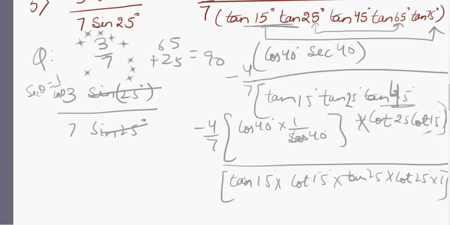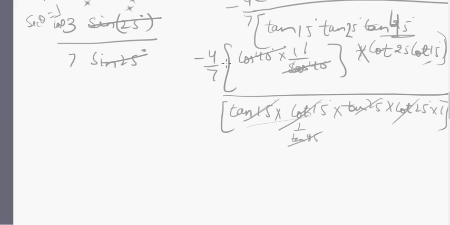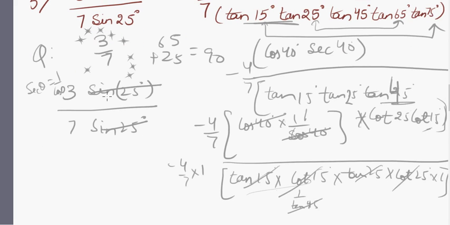Now since these are reciprocal pairs, they will cancel, because cotangent is 1/tangent. Similarly, tangent 25 will cancel cotangent 25. So finally the numerator reduces to 1, the denominator reduces to 1, and the second part has become just minus 4/7 into 1. From the first part we have 3/7. So all in all, 3/7 minus 4/7 is minus 1/7. So this is the solution for the given question.